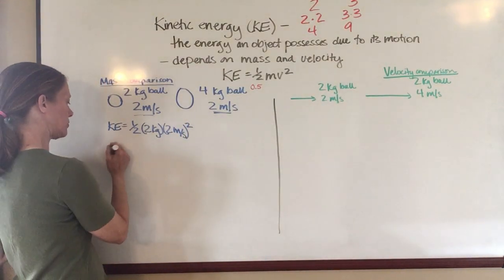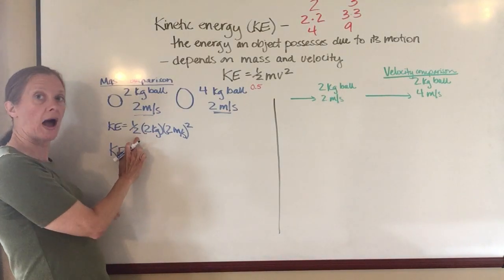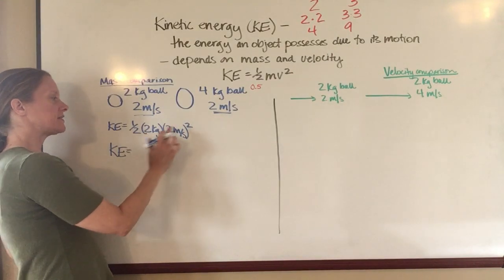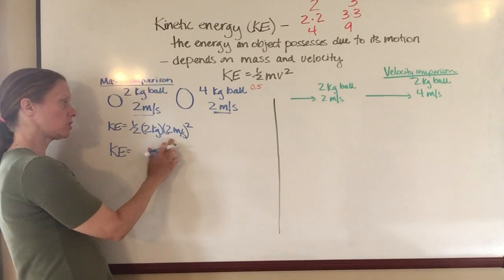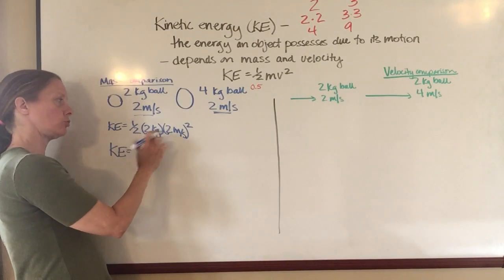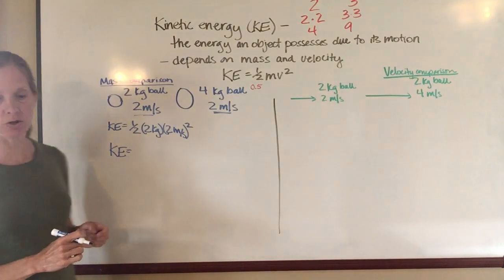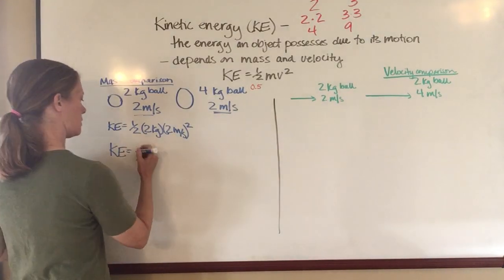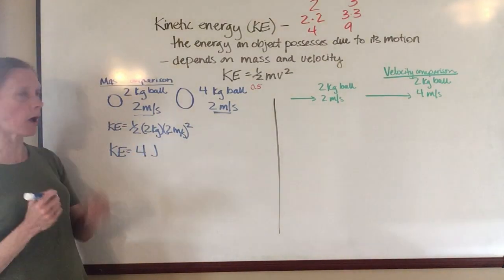If you type this into your calculator, you're going to type 0.5, which is 1/2, times 2 times, and then you have to square this, so it's 2 times 2. So it's 0.5 times 2 times 2 times 2. When I do that, I'm going to end up with 4 joules for this particular ball.